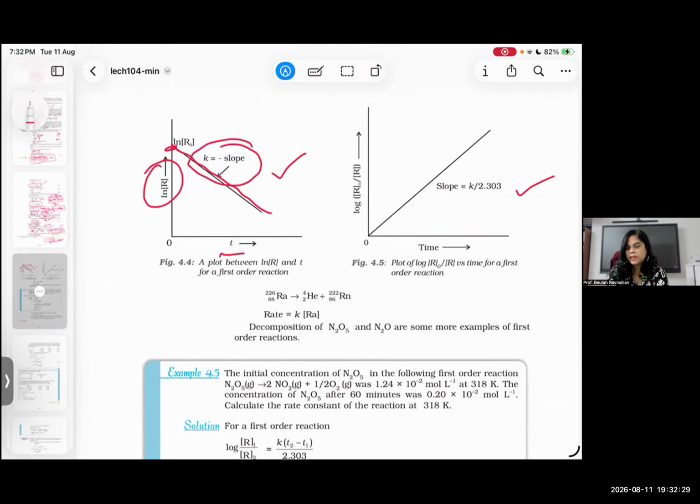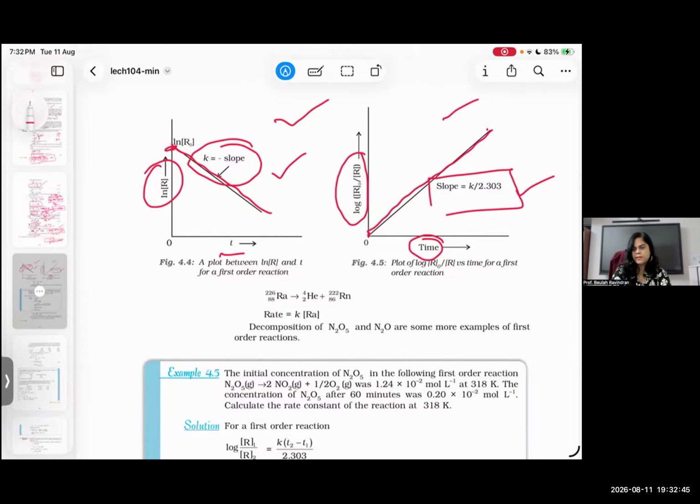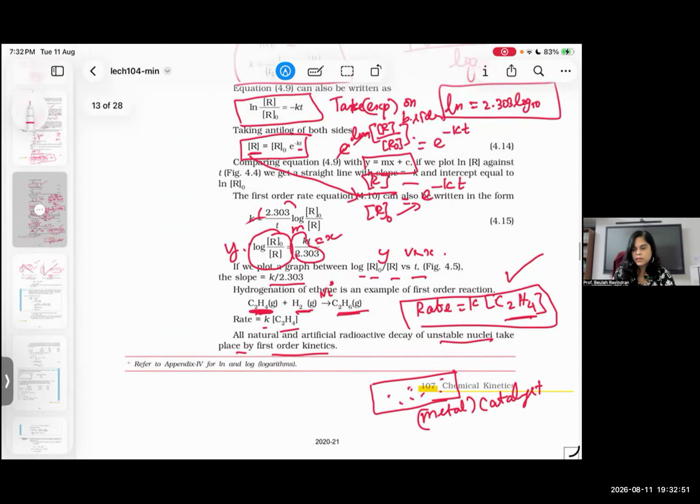If you take the plot of log of R naught by R with time, then the slope will be positive. This is the major difference. The slope is K by 2.303, positive, and the straight line has no y-intercept, so it starts from the origin. Clear?